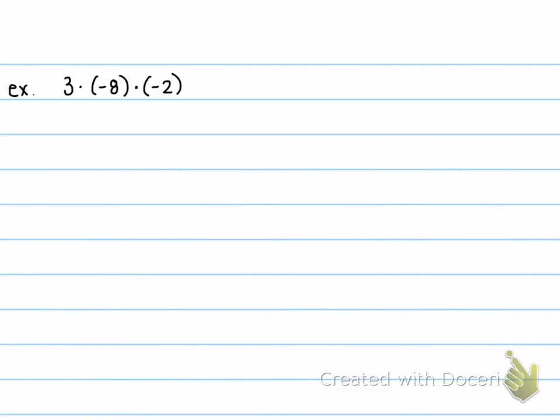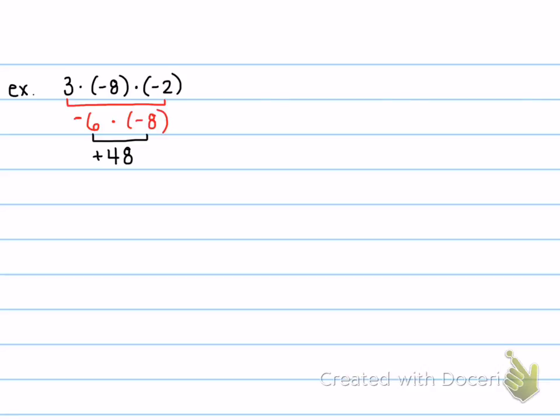I could start this problem with 3 times negative 2. That is 6, and because the signs are different, it's negative. And then I write the rest of the problem, times negative 8, which I have left. I know that 6 times 8 is 48, and because the signs are the same, my answer is positive.